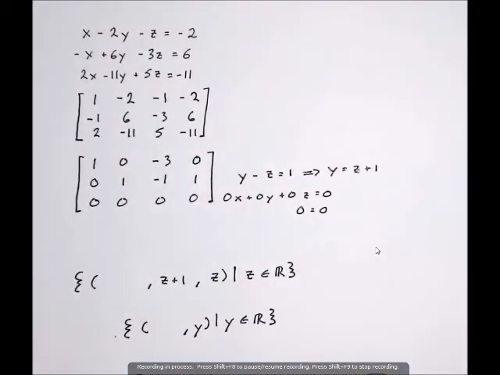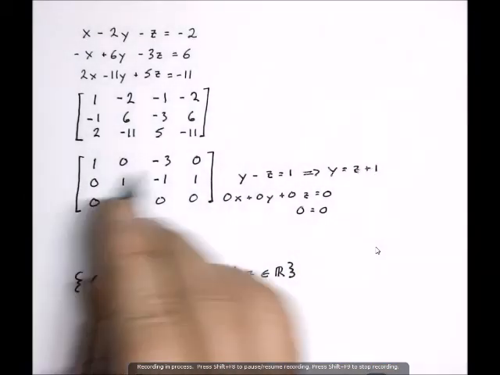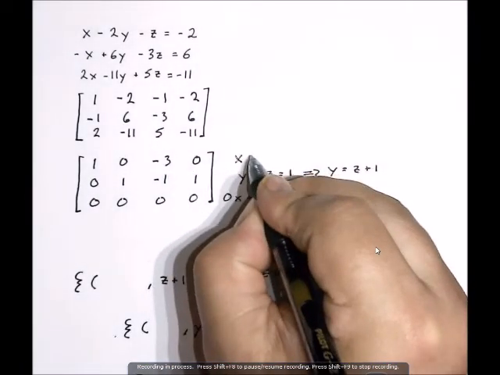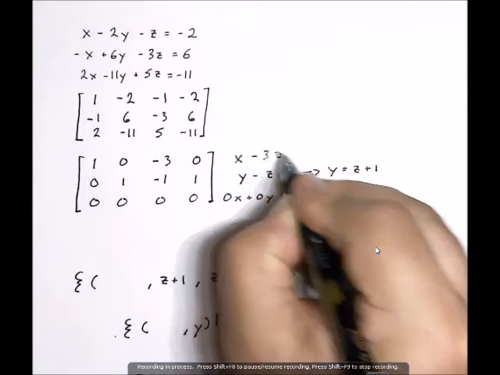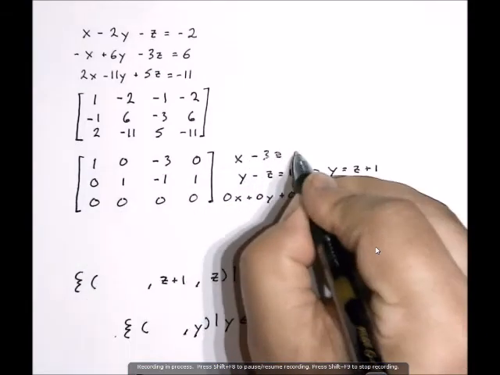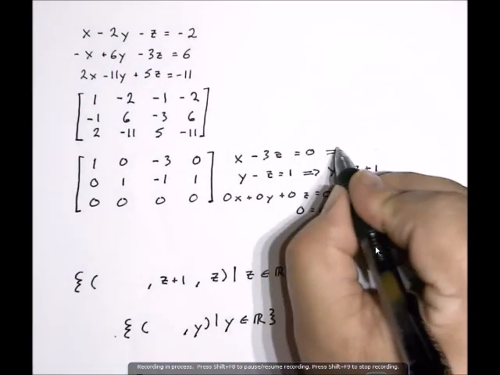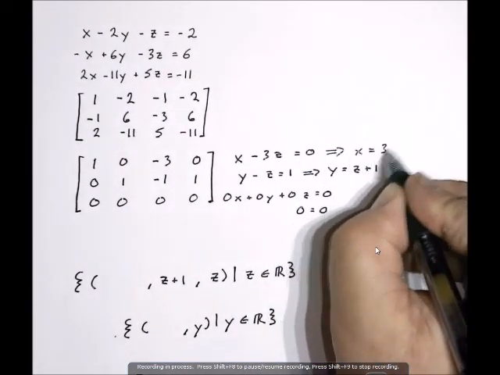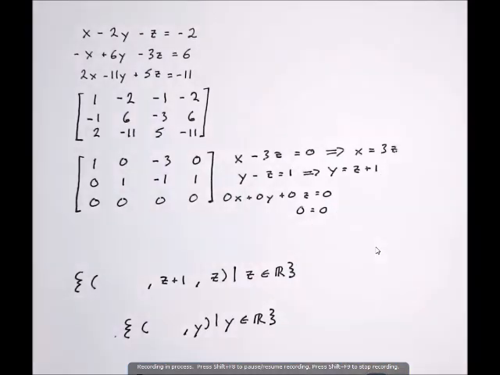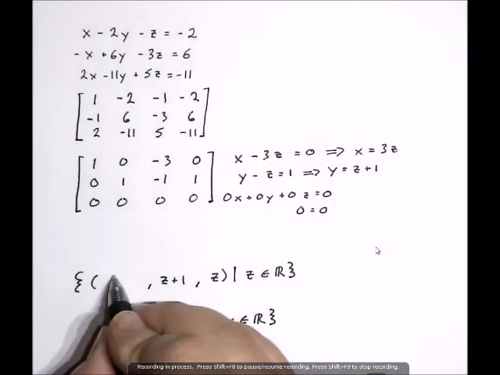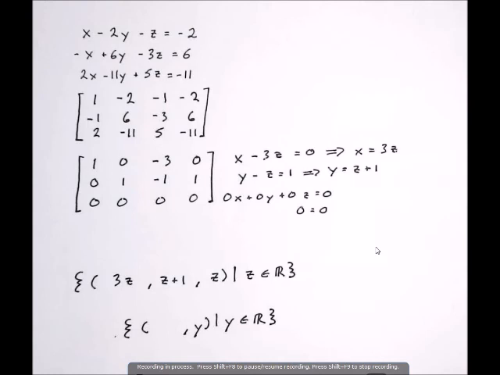Now let's do the same thing with x. When I reconstruct this top line, x minus 3z, there's no y term here, equals 0. So when I solve for x, I get x equals 3z. And I plug that in the x location. And I'm done.